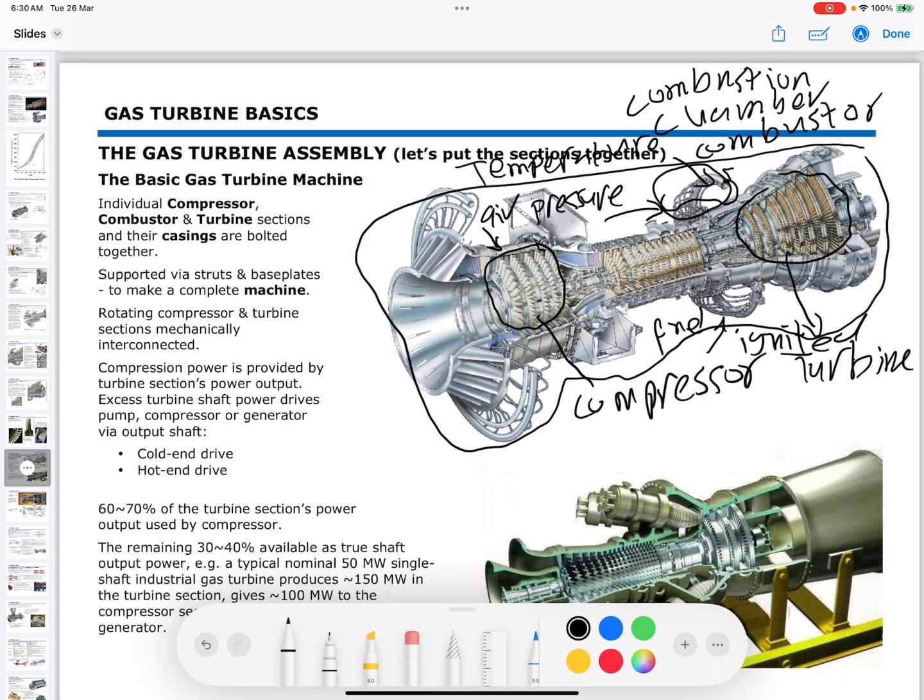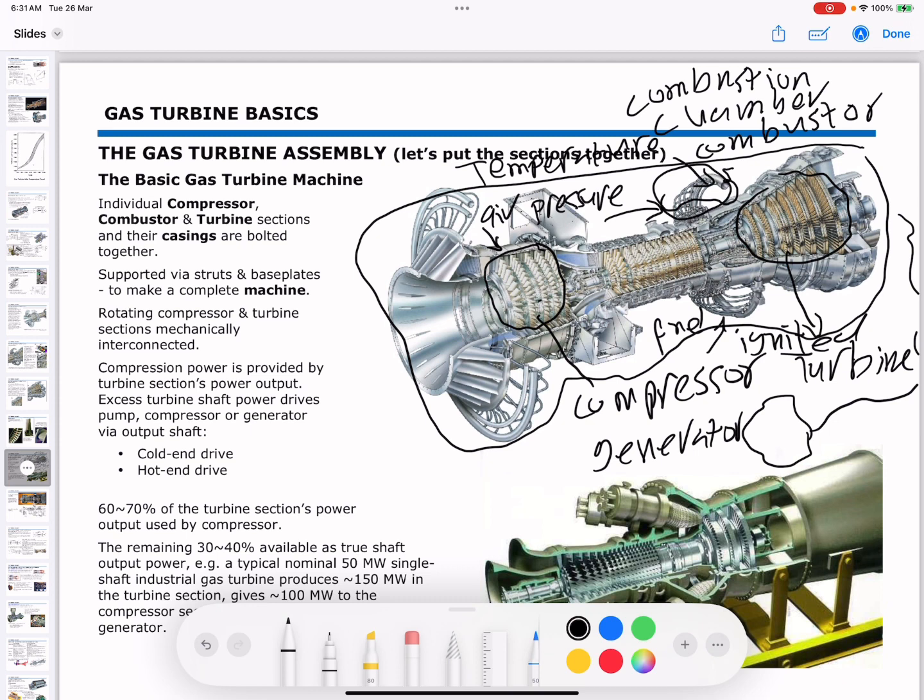The turbine section extracts energy from the hot gas flow to power the compressor, and in many cases an external load such as an electrical generator, because this is connected to the generator, or an aircraft propulsion system.